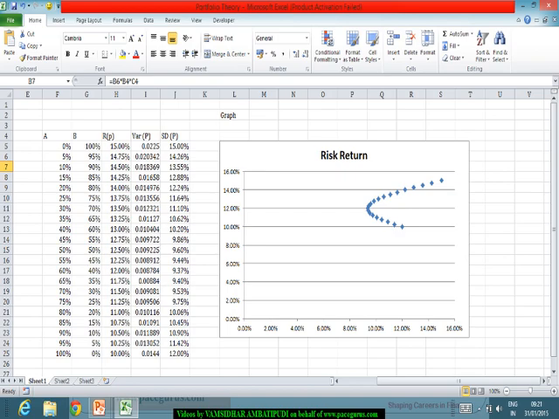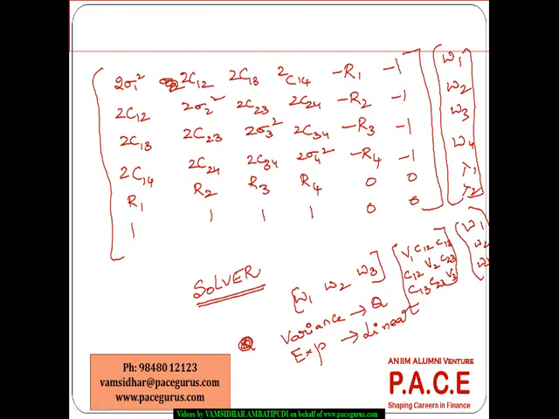And this particular point is called the global minimum. It means for this combination with these two securities, or whatever securities we are using, the minimum most variance is going to occur for that particular combination. That is called the global minimum for that combination of standard deviation and the return.